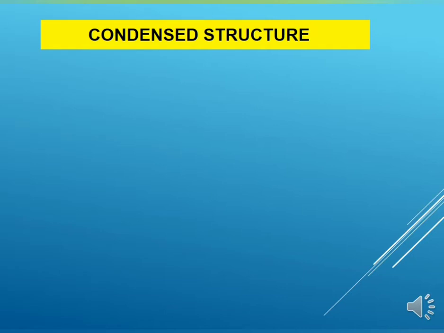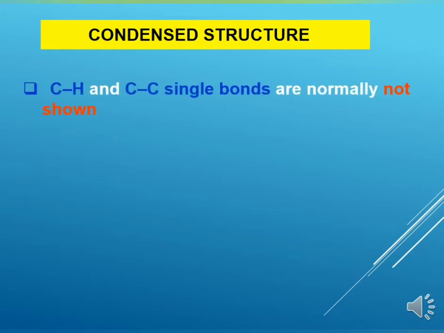Condensed structure is a more compact way of drawing the structural formula of a molecule. So normally, C-H and C-C single bonds are not shown.